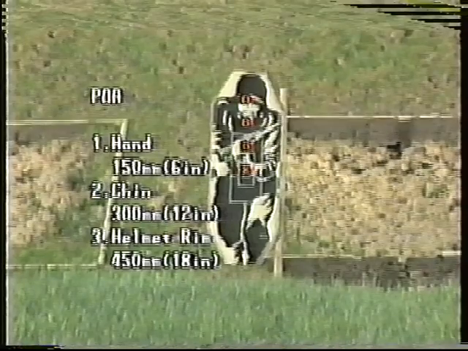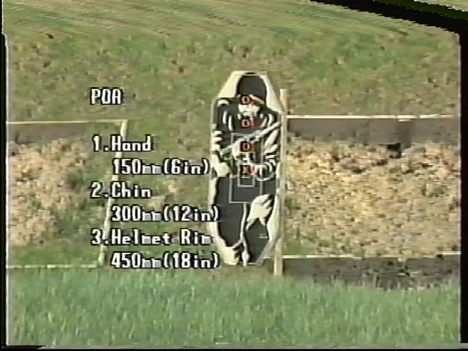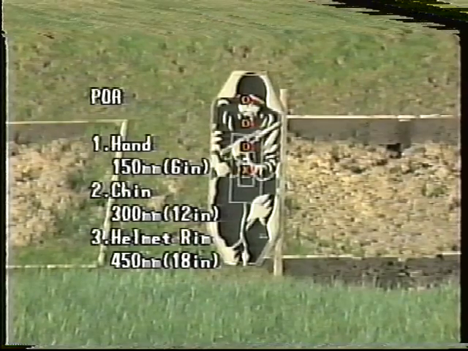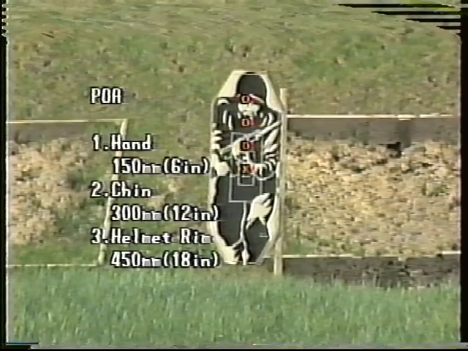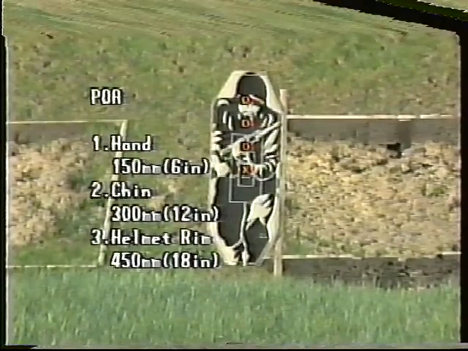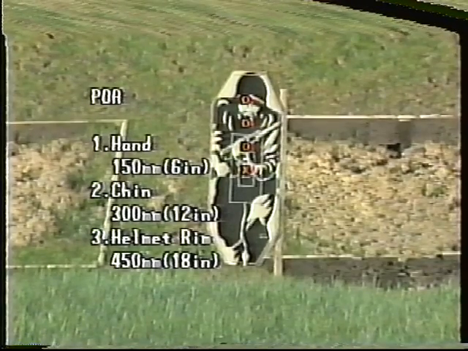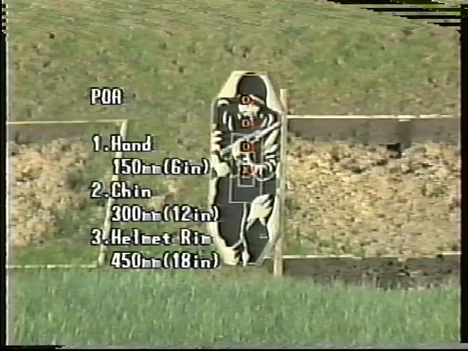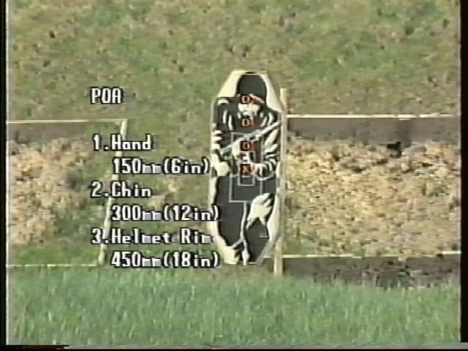There are 3 areas above the POA which can be used to adjust fire: the hand at 150 millimeters or 6 inches, the chin at 300 millimeters or 12 inches, and the rim of the helmet at 450 millimeters or 18 inches.